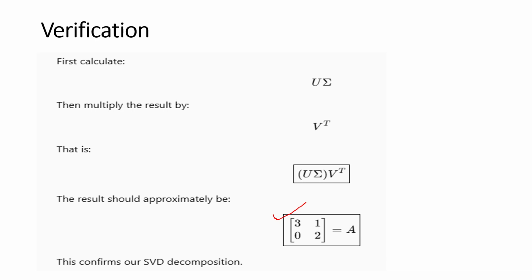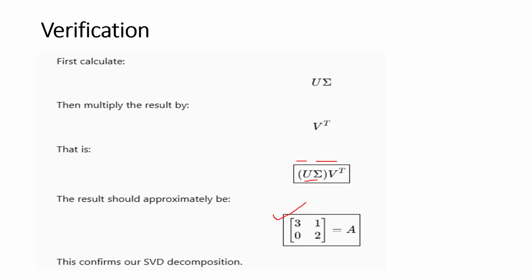It cannot be done. Either you multiply two things which are adjacent: U and sigma can be multiplied first, and then the result multiplied by V raised to T, or you can find the product of sigma and V raised to T and then multiply it with U.